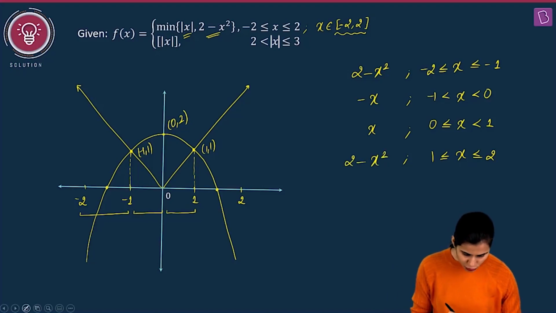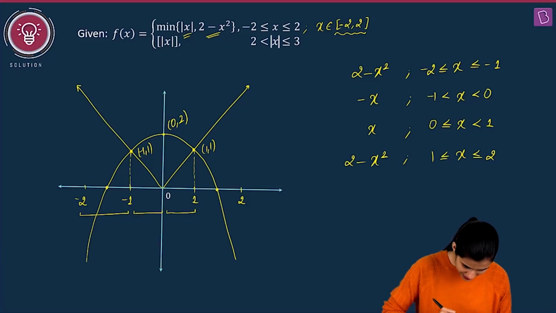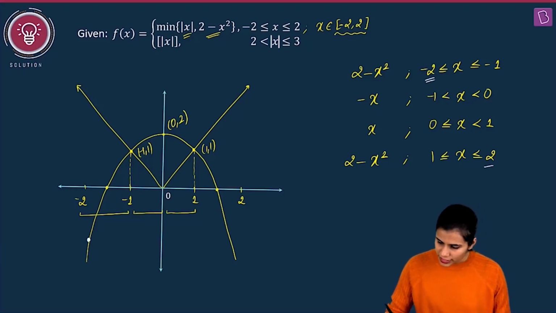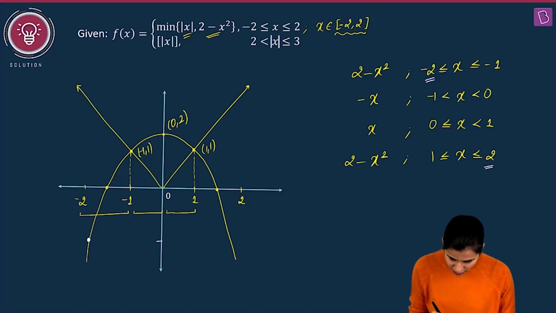So in -2 to 2, I know the graph of my function is going to look like this, starting from this point, -2 is included, here 2 is included. 2 minus x square, when you plug in x equal to 2, what do you get? 2 minus 4, that is -2. So this is -2.